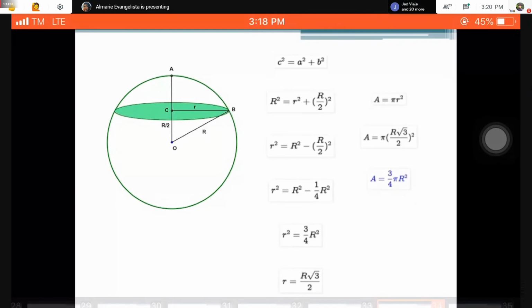So, kapag right triangle, matik na yon, Pythagorean theorem yung gagamitin natin. Ang magiging hypotenuse natin is yung big letter R since siya yung pinakamahaba. And then yung magiging A natin is yung small letter r and then yung base is R/2 squared.